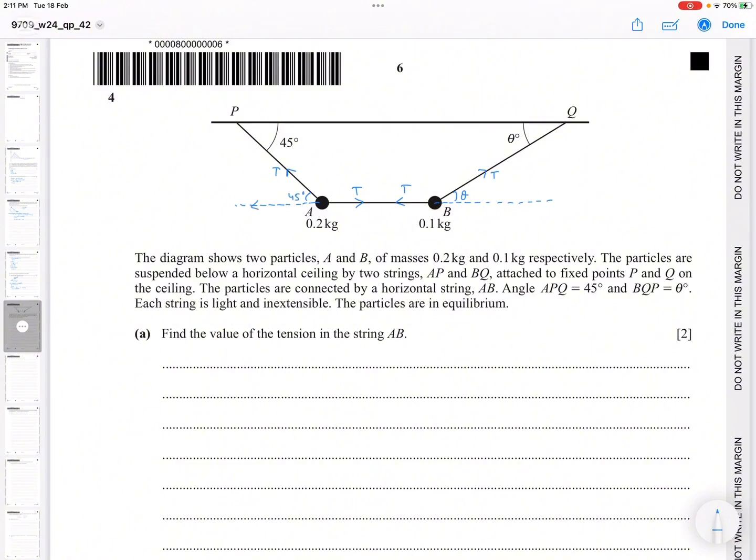So in this way I can write T cos 45, and in this way I can write T cos theta.